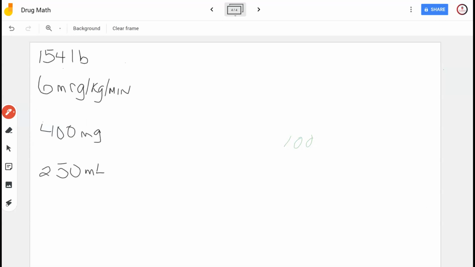First things first, let's find out our desired dose. Convert your pounds. How many kilos? 72. See, we're close. Just 70.